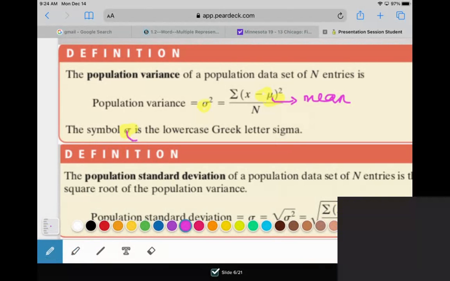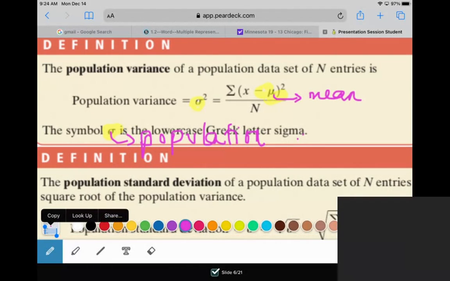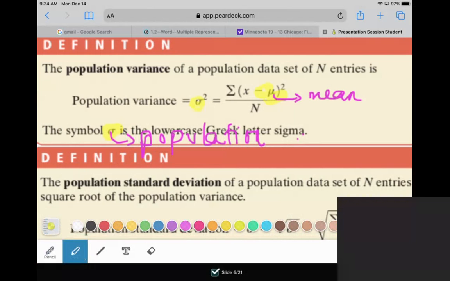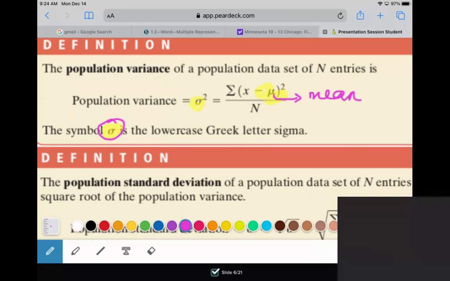Okay, let me rewrite this. Instead of me writing this, it's right here. It represents the population standard deviation.